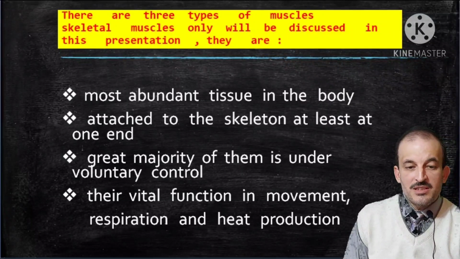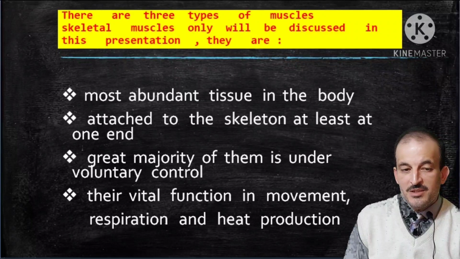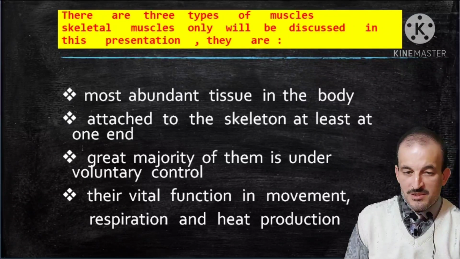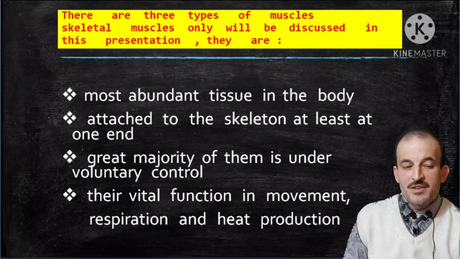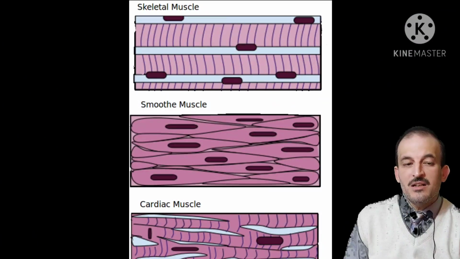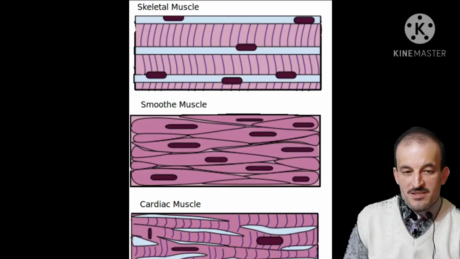The great majority of them is under voluntary control, and their vital functions are movement, respiration, and heat production. The other muscles which will not be discussed here are the smooth muscle and cardiac muscle. Only skeletal muscle will be discussed.